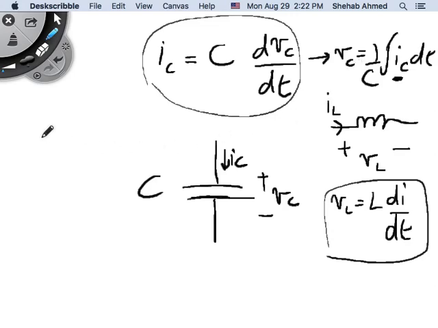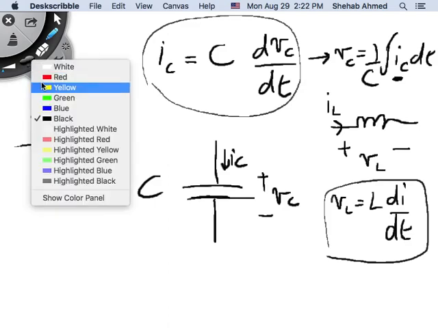So what's the integration of a flat value? Fixed value. What's the integration of a fixed value? Ramp, right? So if you integrate 5, for example, you will get 5x. So you will get a ramp.